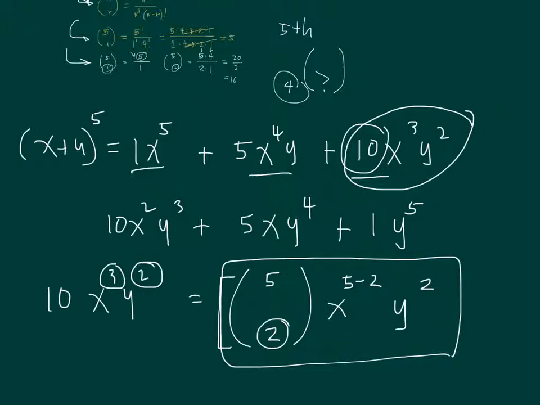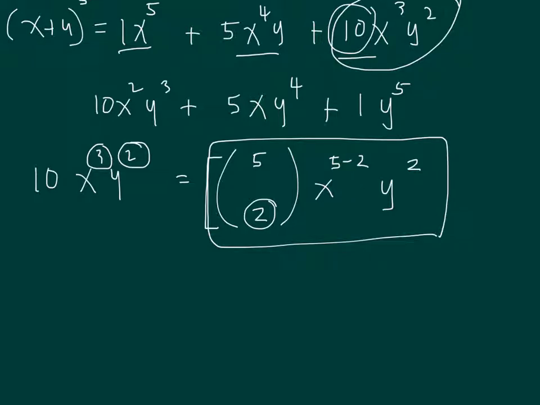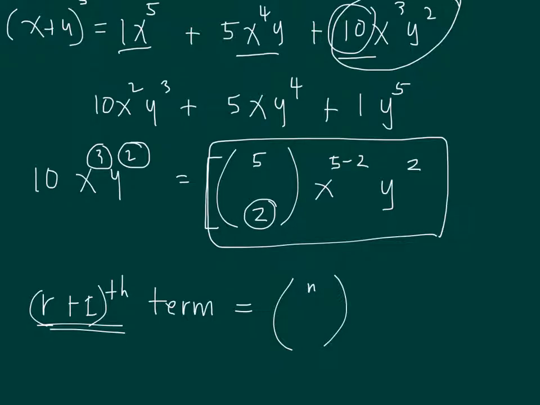Now to generalize our findings, you can do that to every term. So we have any term, let's call it the r plus 1 term. I'll show you later why we call it the r plus 1 term. So for any n given, and remember the fifth term will have 4, I'll get the number 4 below here.